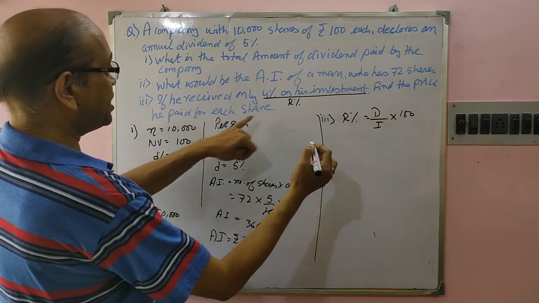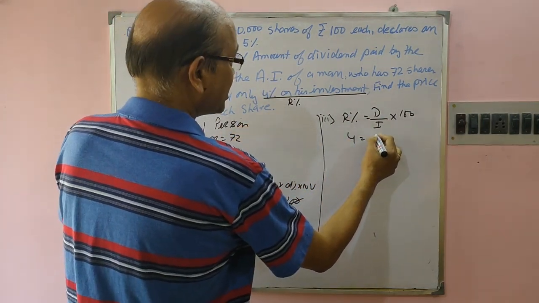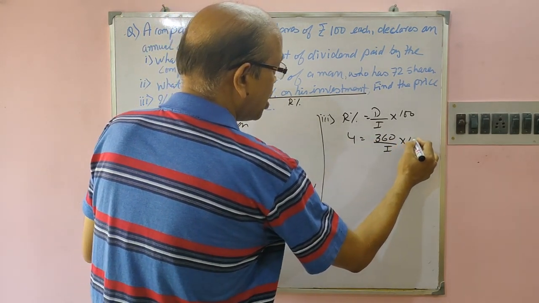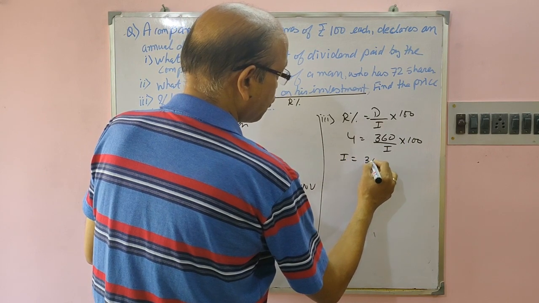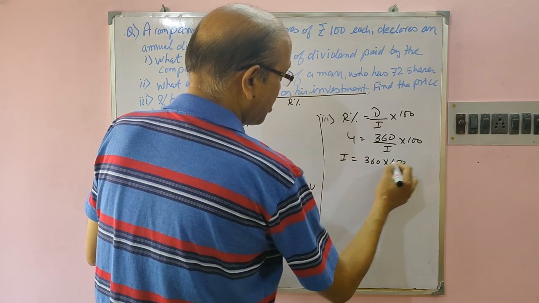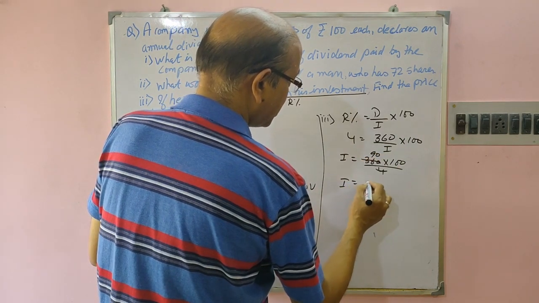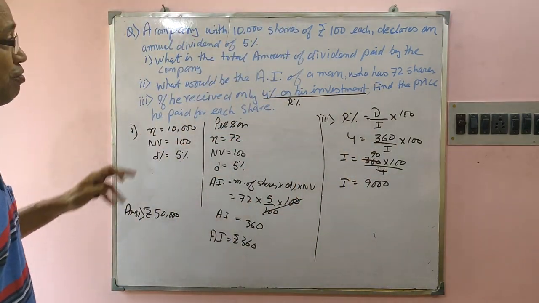So return percent is 4, dividend is 360, by investment into 100. Therefore, investment is equal to 360 into 100 by 4, which is 9,000 rupees.